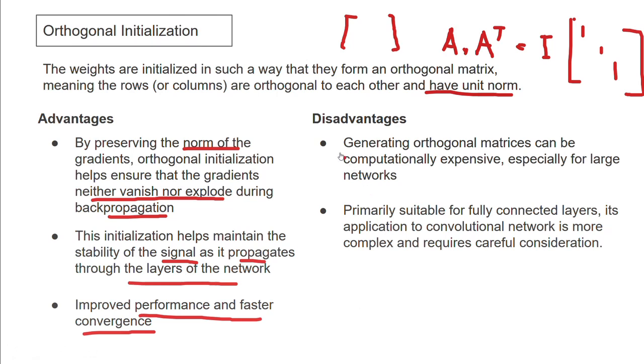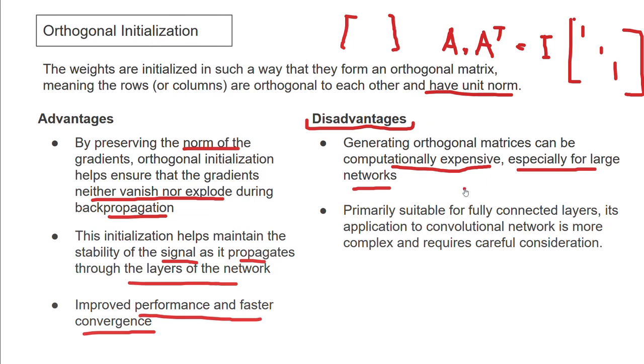Okay, then what are the disadvantages? Creating this matrix is going to be very computationally expensive, especially if it is a very large network. If it has a very large number of nodes, we need to create this orthogonal matrix for each of the nodes.